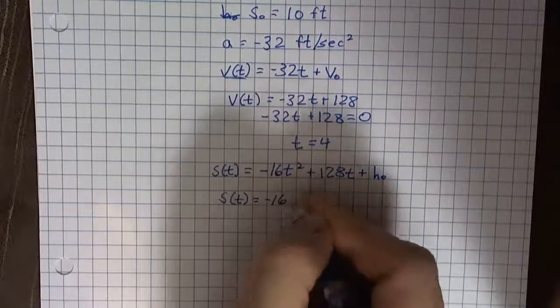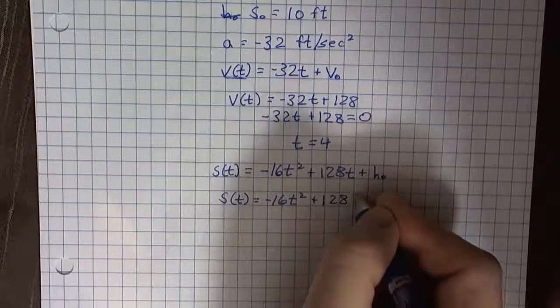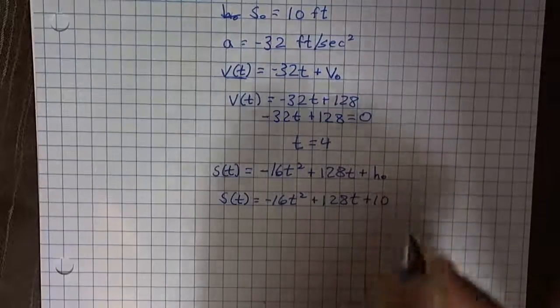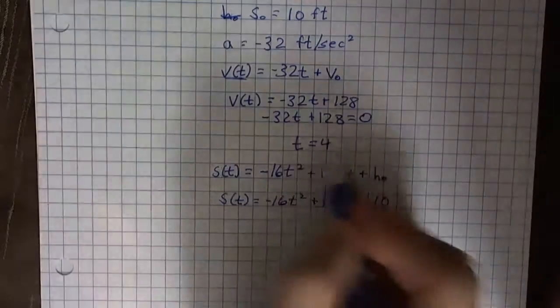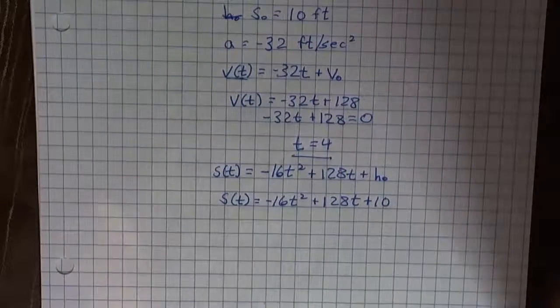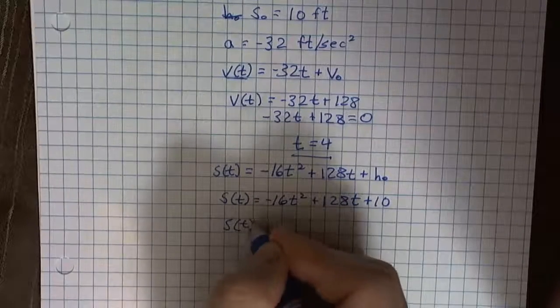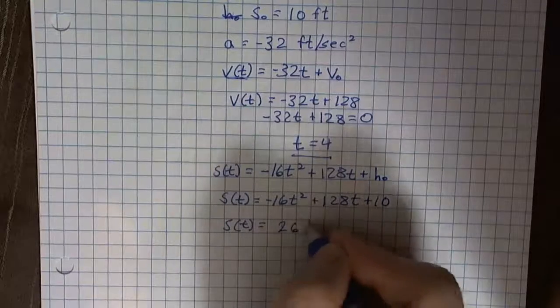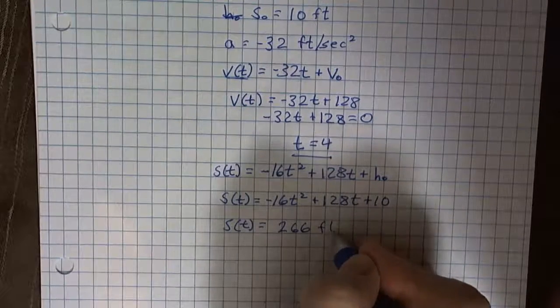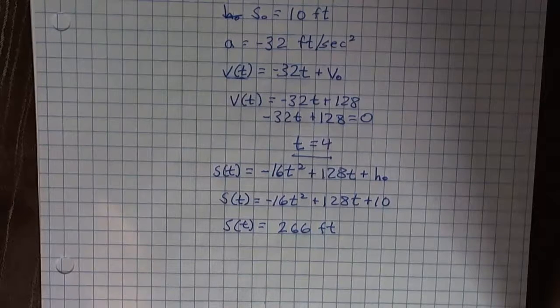So we got negative 16t squared plus 128t plus 10. Now, we want to know what that height is at the maximum, at t equals 4. So I just plug in a 4 every place I have a t, and I get 266. So 266 feet, that's how high this object reaches.